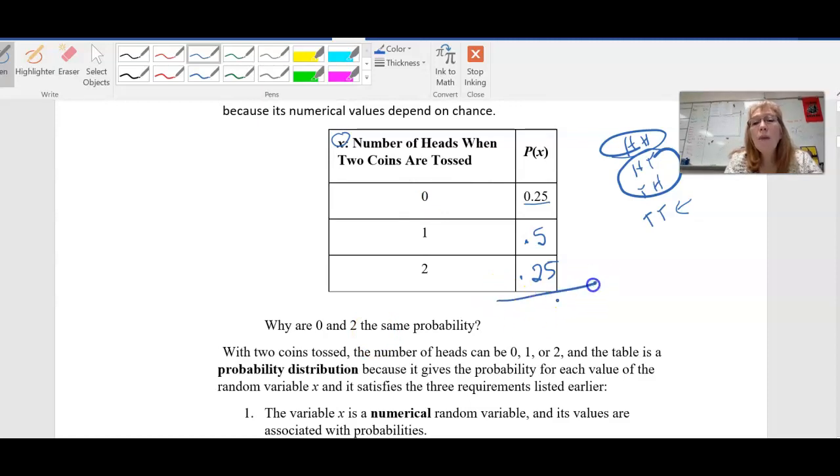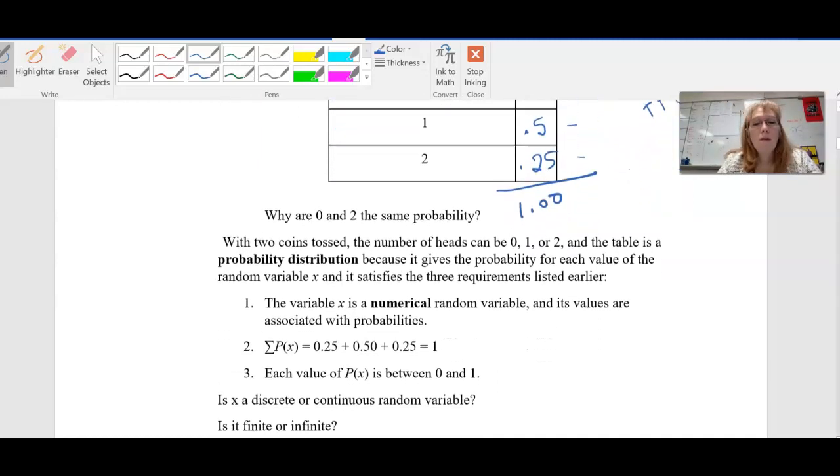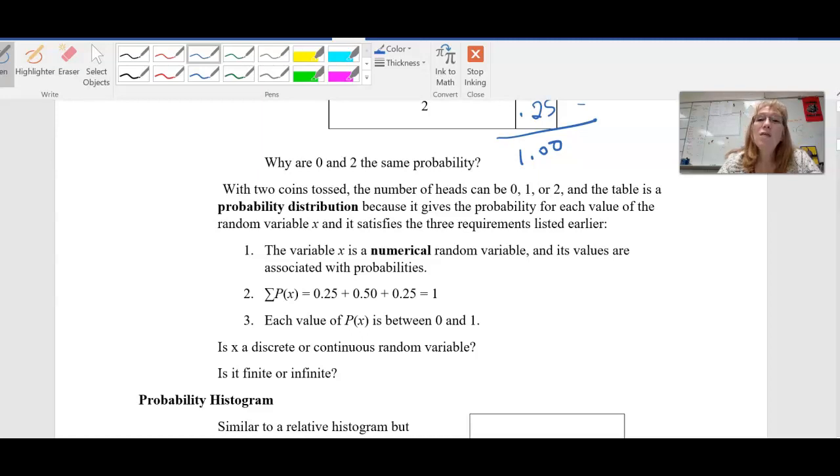When you add this up, we get 1.0, so that satisfies that requirement. They are all numerical, and each one of their individual probabilities is between 0 and 1. So we have satisfied all 3 of our requirements. It is numerical, it adds to 1, and every probability is between 0 and 1.